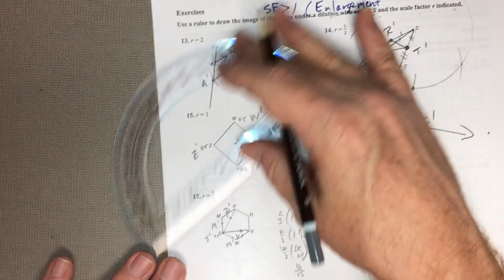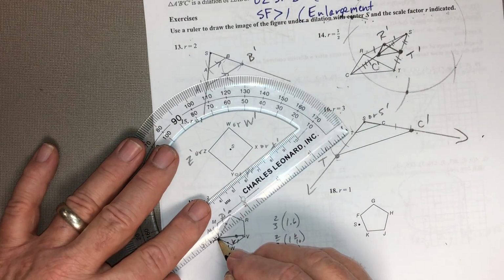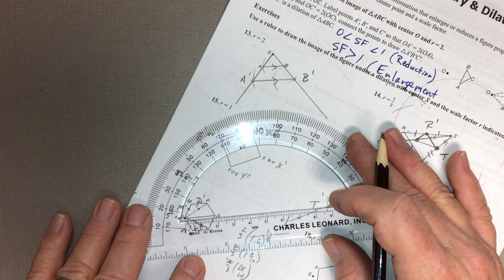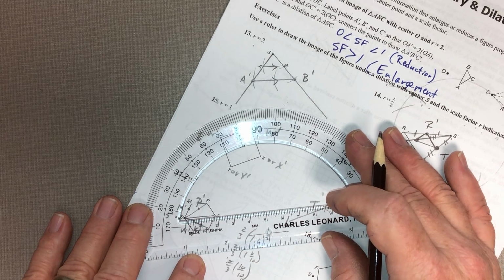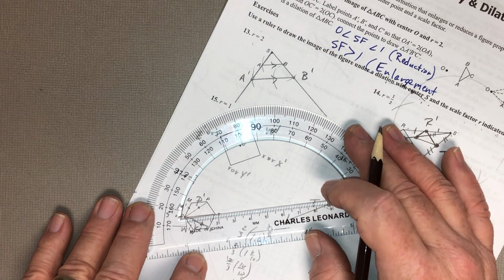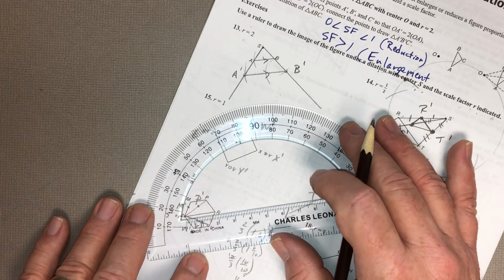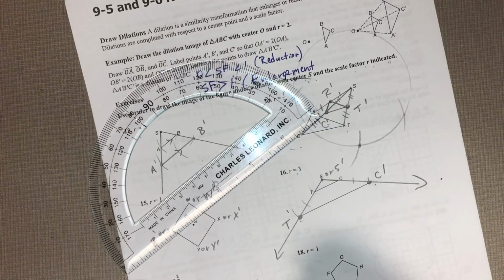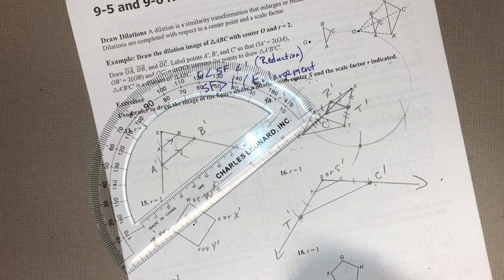And then I'm going to draw a segment SR and measure it. Looks like it is about 2.8, or actually 1.9. Let's go 1.9. And we're going to do 2/3 of 1.9.